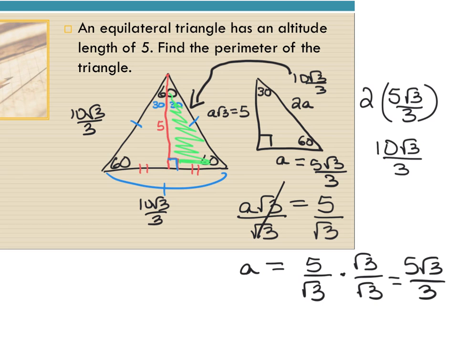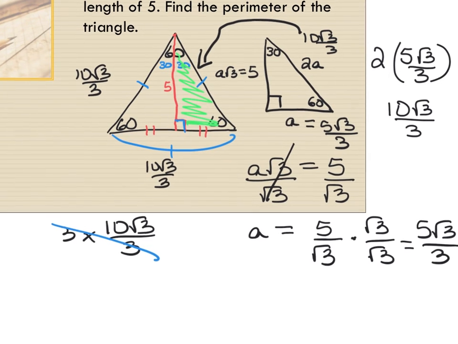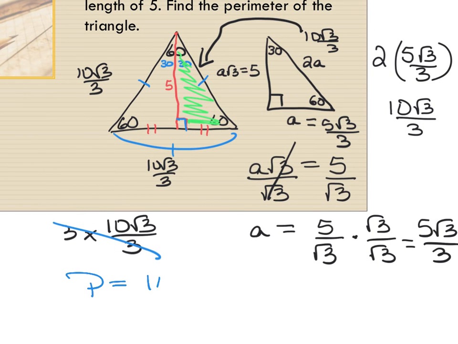So now to find the perimeter, I can just take this 10 square root 3 over 3 and times it by 3. Notice the 3's cancel, so the perimeter is just 10 square root 3.